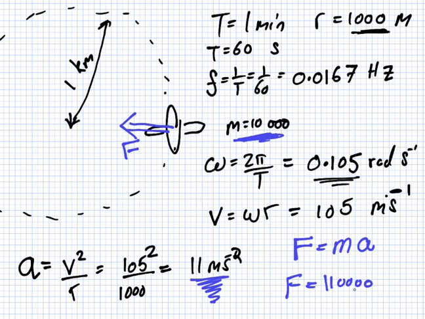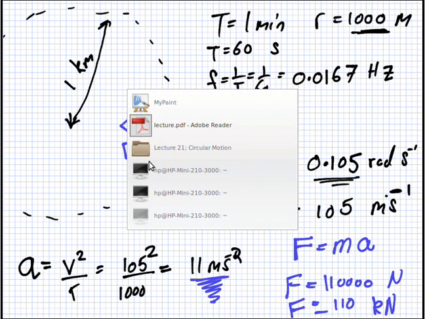So that's newtons. That is 110 kilonewtons is the force. So really, all we need for this lesson is our 4 new formulas and Newton's second law, F equals ma.